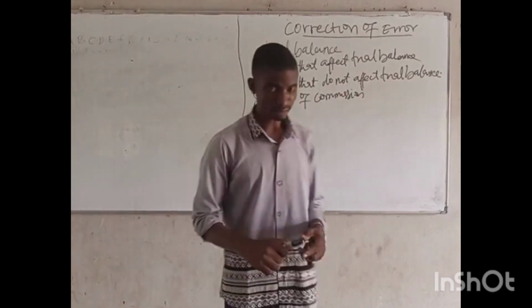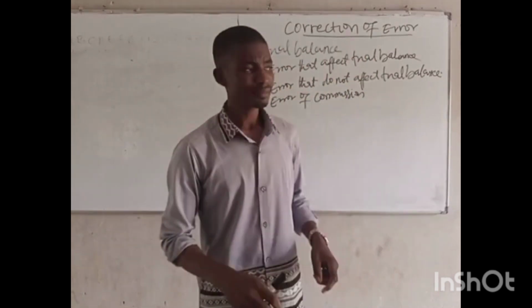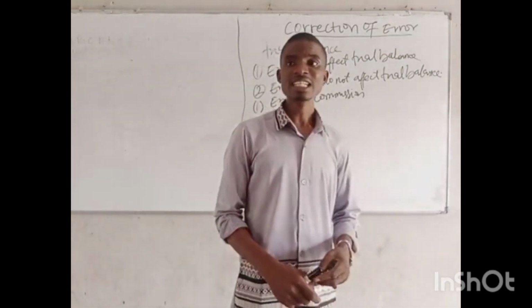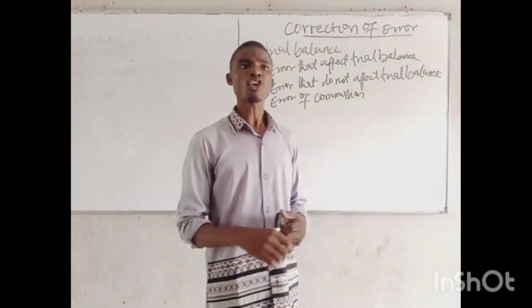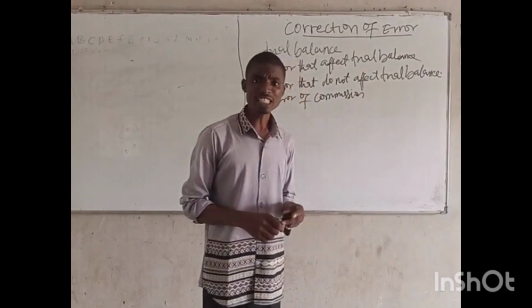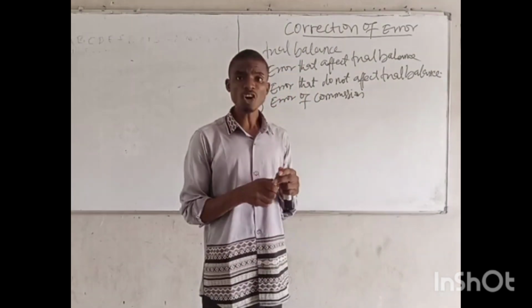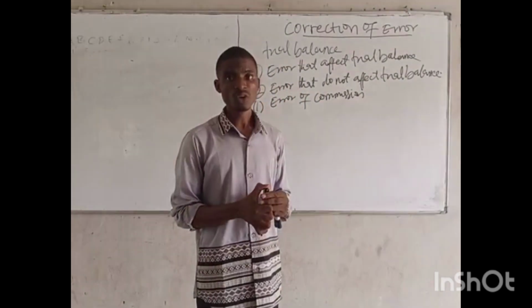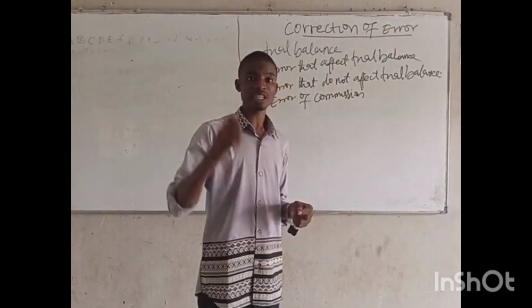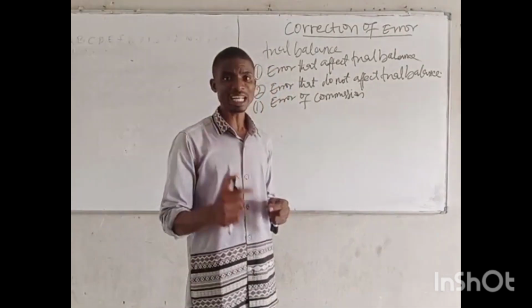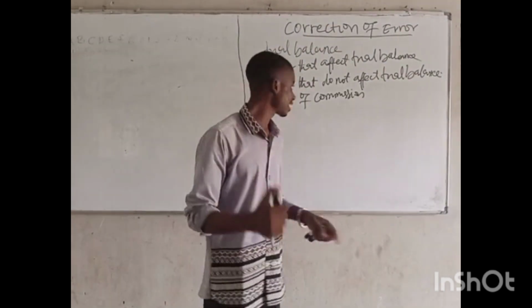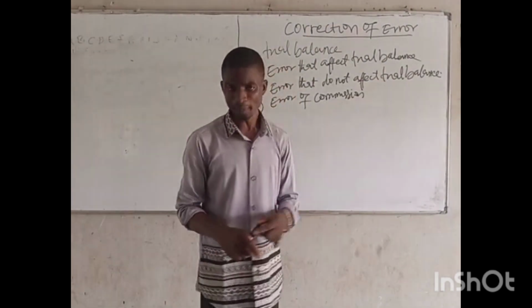The error of commission is the type of error that occurs when a transaction is recorded on a wrong personal account. When a transaction is recorded on a wrong personal account, we say that the error of commission has been committed.